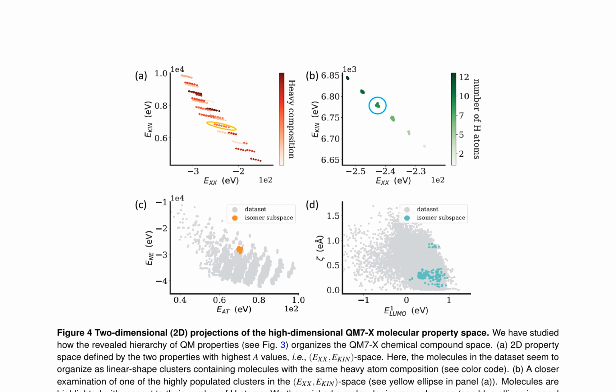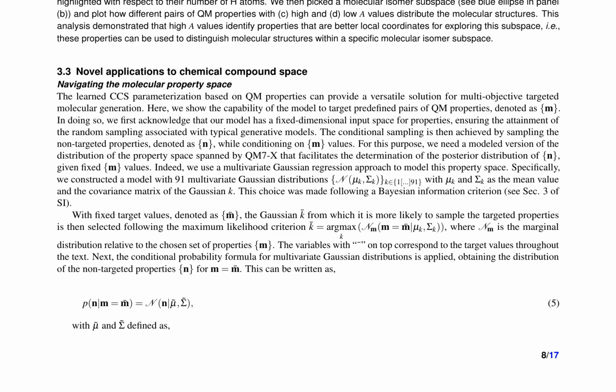For instance, certain properties are more effective at distinguishing molecular isomers within a subspace, indicating their potential as local coordinates. This hierarchy of properties has significant implications for exploring the vast molecular property space. By identifying key properties that define specific subspaces, researchers can more efficiently navigate the complex landscape of molecular properties.